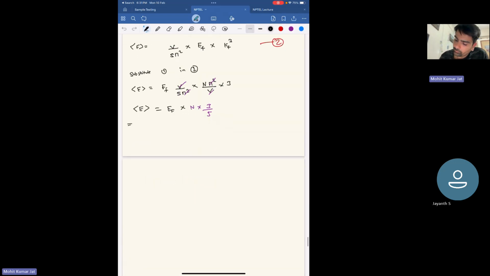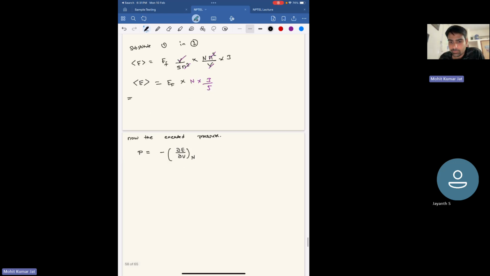Now, the exerted pressure. We all know from the thermodynamic relation that the pressure will be minus del E by del V at constant number, constant carrier density basically.